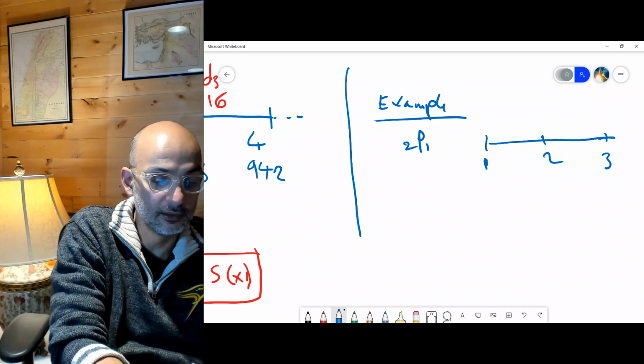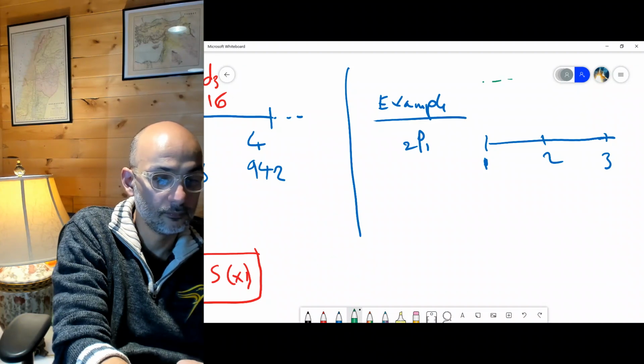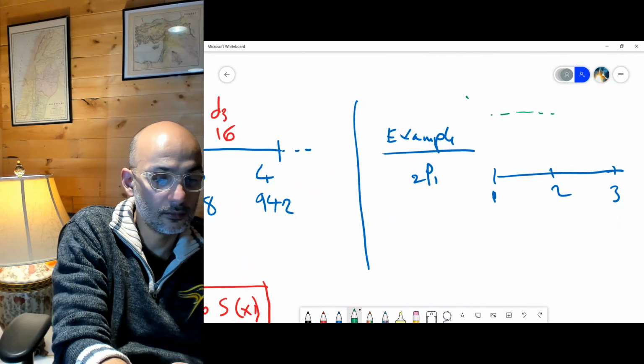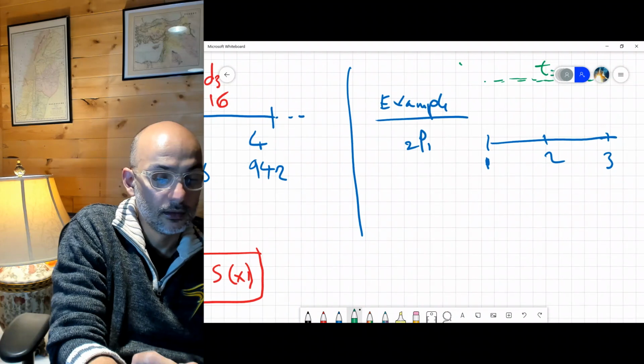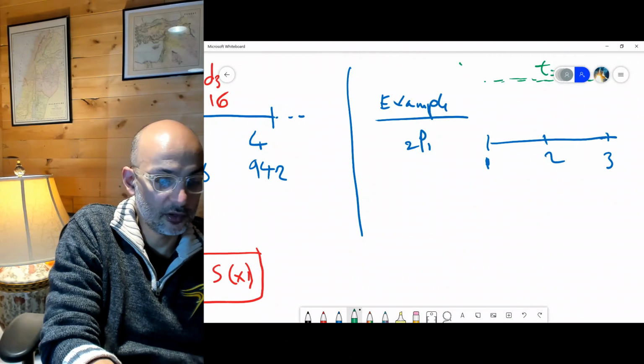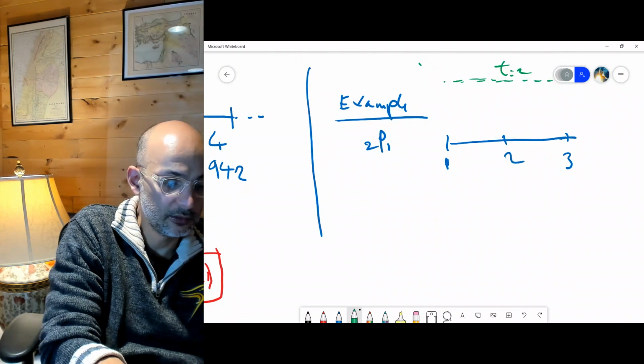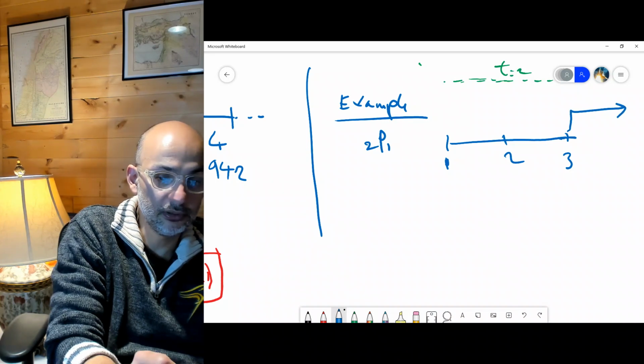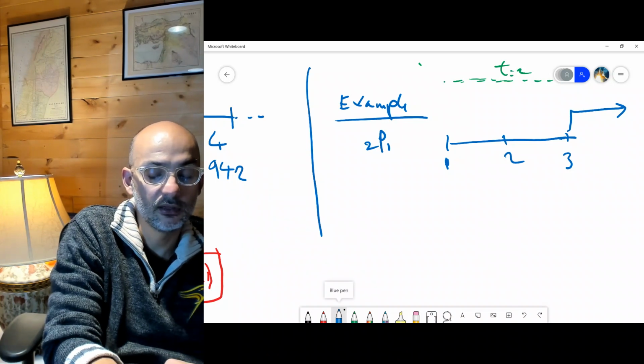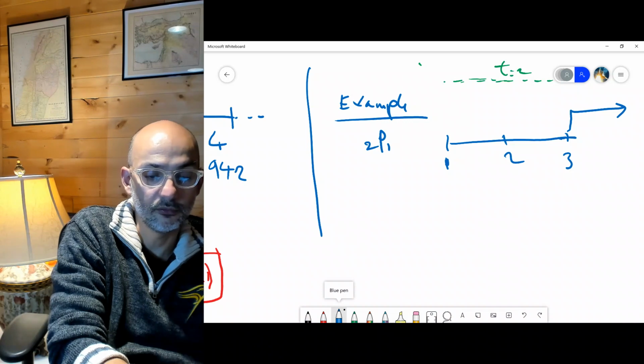So if t is 2 years, it will be 2, 3, because this is your t. So we want to see the survival function of this. P is surviving, right? Surviving 2 years from age 1.